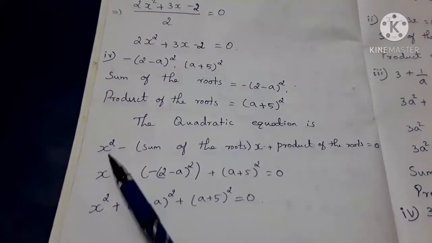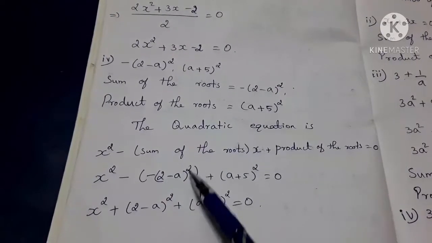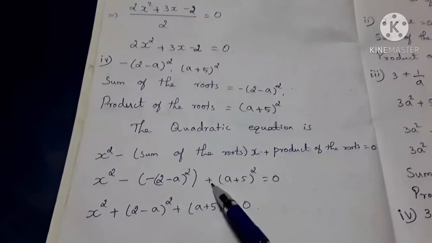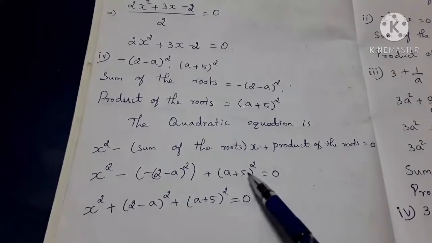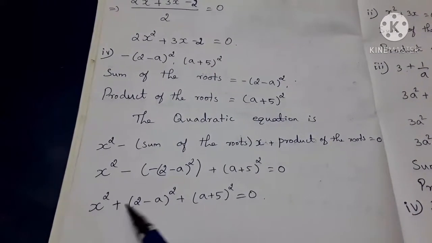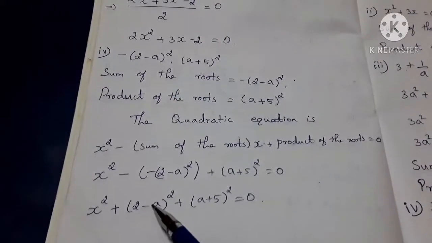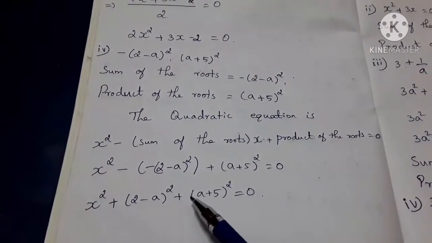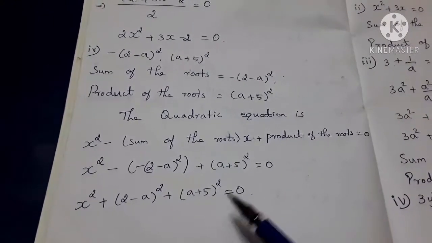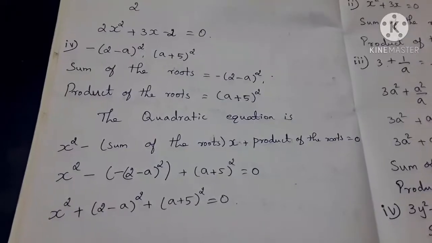So x squared plus (2 minus a) the whole square x plus (a plus 5) the whole square is equal to 0. This is the quadratic equation.